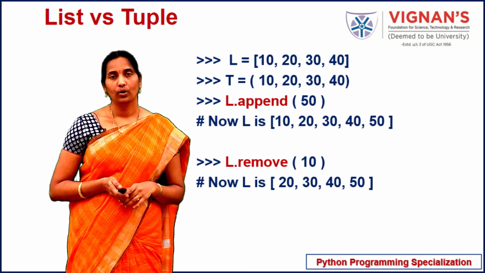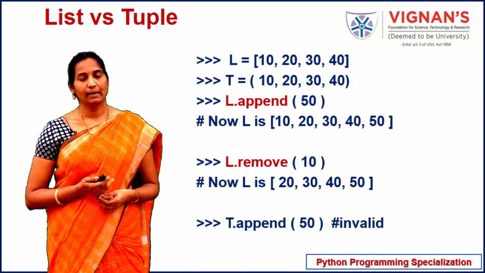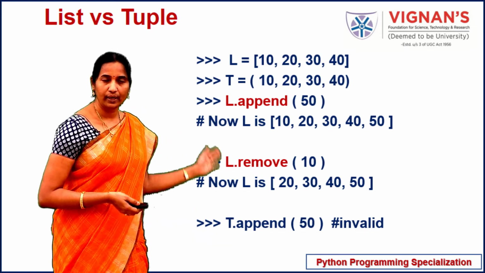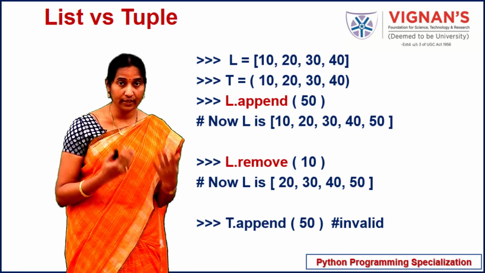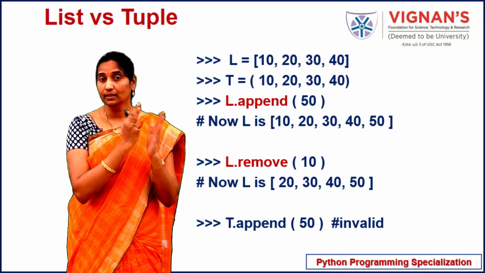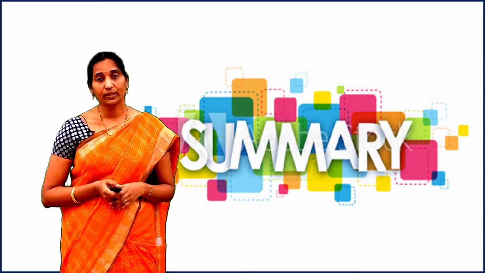That's how lists are considered mutable types, whereas for a tuple, it's not valid to do any kind of updates. You cannot use the append method or the remove method. You cannot use any method to update the tuple. That's how tuples are treated as immutable types.